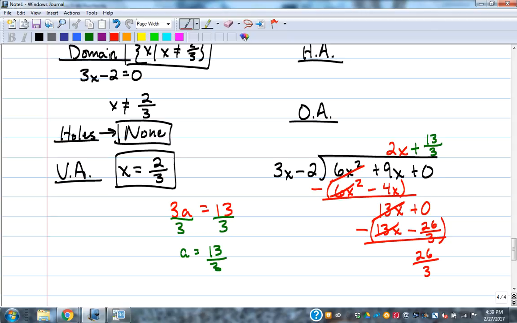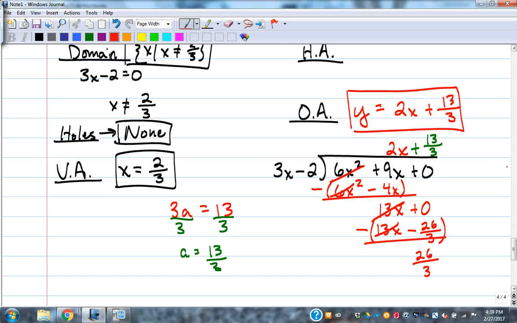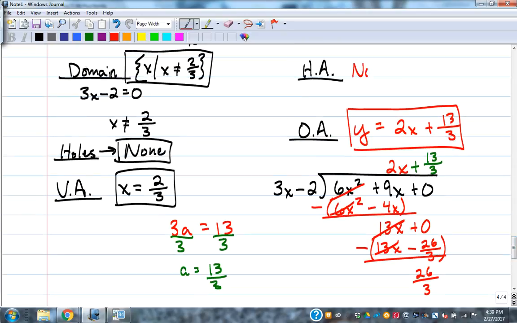That technically is our remainder, but it doesn't matter what the remainder is. When you're finding an oblique asymptote, you just forget everything else. The slope-intercept part, y equals 2x plus 13 over 3, is our oblique asymptote. And because we have an oblique, that means we have no horizontal asymptote.